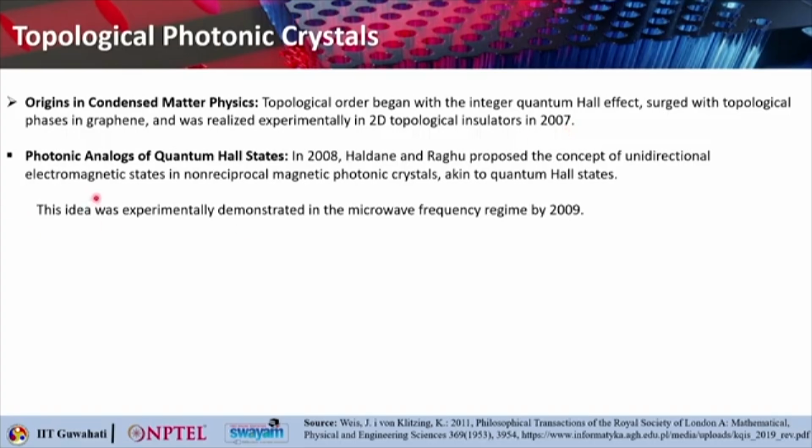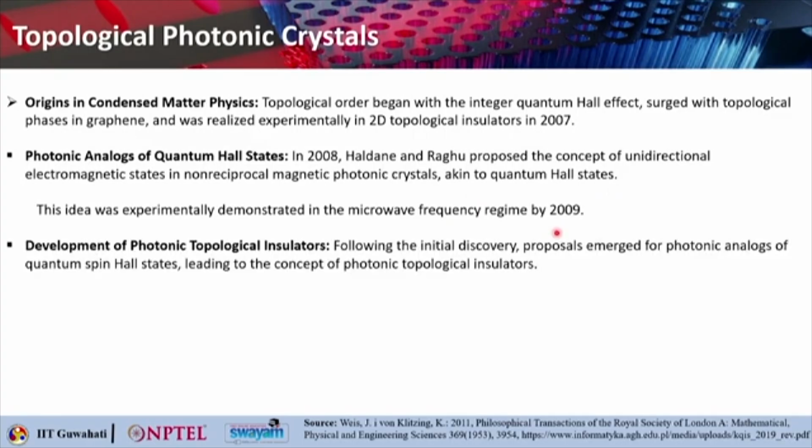So, photonic analogs of quantum Hall states. You can think of what people have done. In 2008 Haldane and Raghu proposed the concept of unidirectional electromagnetic states in non-reciprocal magnetic photonic crystals, which are similar to quantum Hall states. This idea was experimentally demonstrated in the microwave frequency range in 2009. What followed was the development of photonic topological insulators.